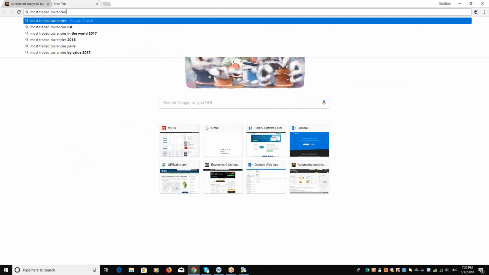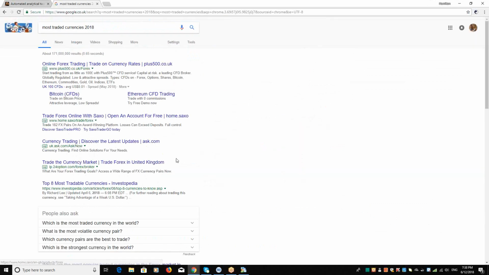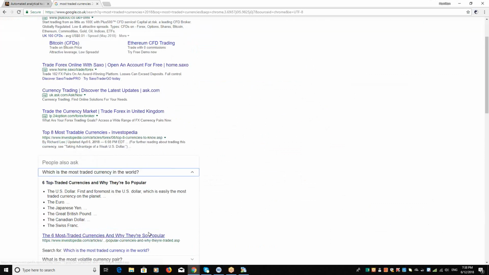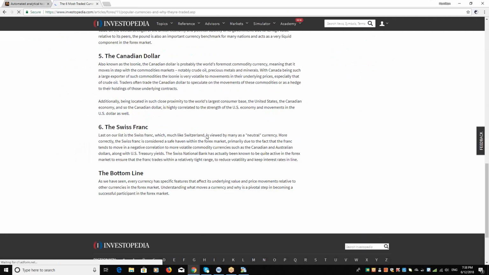Is this one, or these ones? I need the currency pairs. And then I choose, so I just choose a third, any of those.